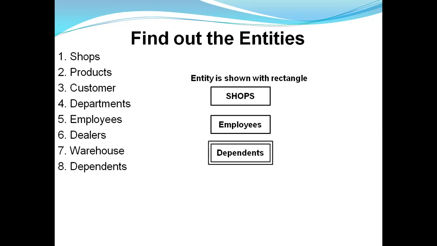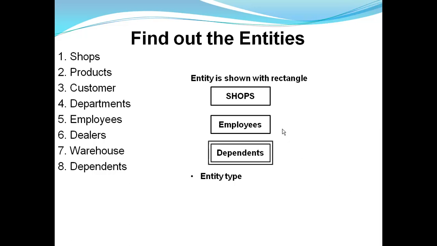Weak entity is shown with the help of a double rectangle. Simple here. So employees strong, dependents weak. Because if the employee is there, then the dependents will be there. But if dependent is not there, still the employee can be there. Simple here. So these are the two types of entities we have.